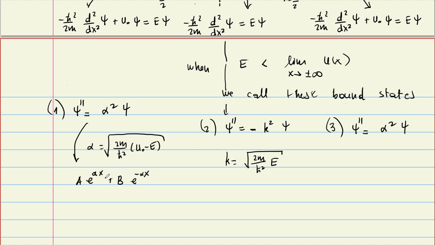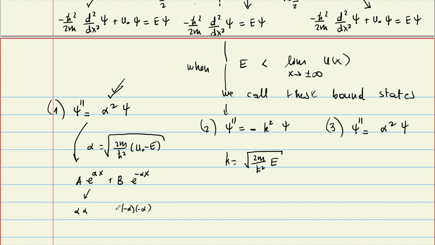How do I know that? I can take the derivative. One derivative is going to give me alpha, if I'm using this one. A second derivative is going to bring one more alpha. This is alpha squared, and I satisfy the equation. With the minus alpha, one derivative is going to bring minus alpha. The second one brings another minus alpha, and it's still alpha squared. I still satisfy the equation.